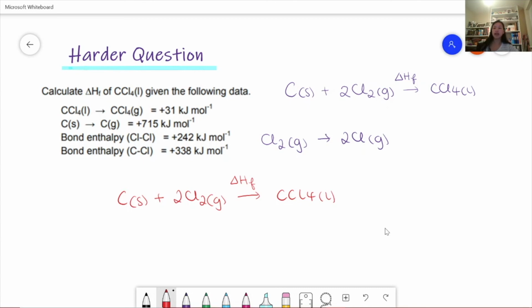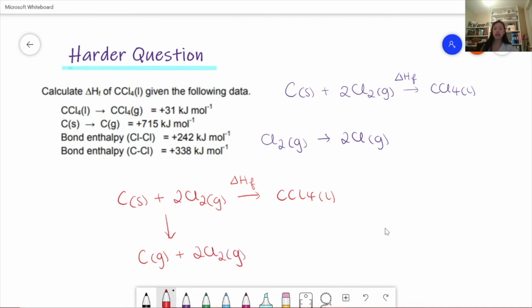And so now the next thing we have is that a carbon solid gets turned into carbon gas. So here, if we turn the carbon solid into a carbon gas, we know that this is 715 kilojoules per mole. So we can go ahead and do that. So this is going to get turned into a gas, and we're still going to have the 2 chlorines as a gas.